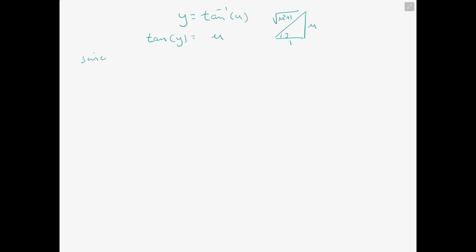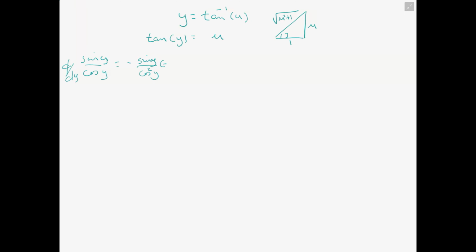And now we take our derivative, which we've done many times before, so I'm not going to go through it step by step. Well, yes. We have sine y over cosine of y. And then we do our differentiation.